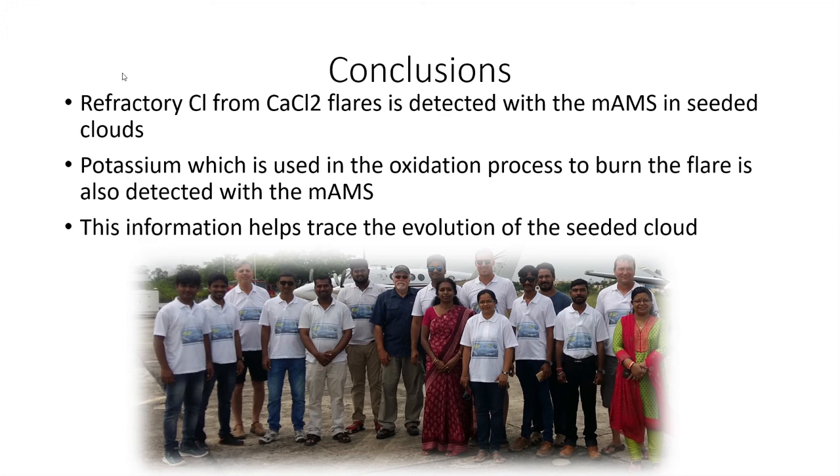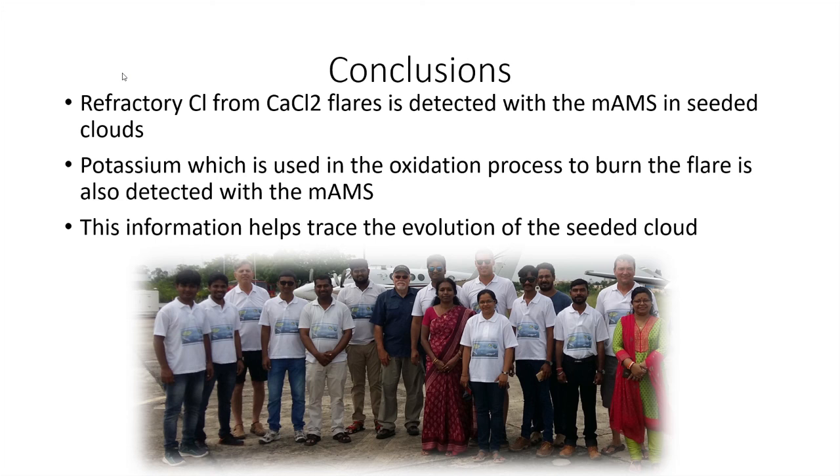So in conclusion, we were able to see refractory chloride from the calcium chloride flares in cloud passes done at some later point in time from when the seeding was actually conducted. We were also able to see potassium in those same cloud passes, and those are both markers of the actual seeding process.